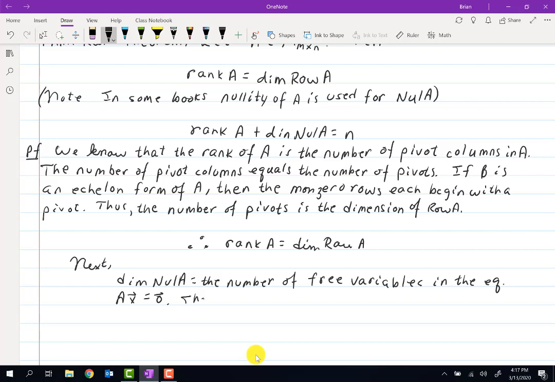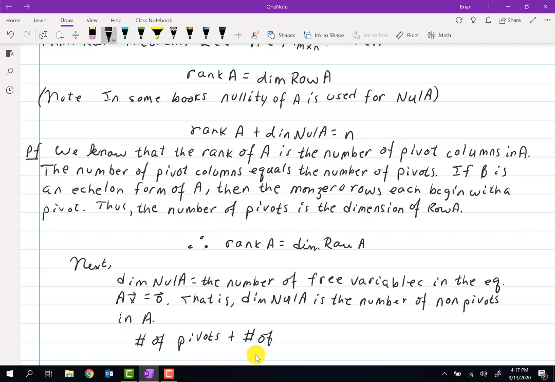That is, dim null A is the number of non-pivots in A. But the number of pivots plus the number of non-pivots equals the number of columns.